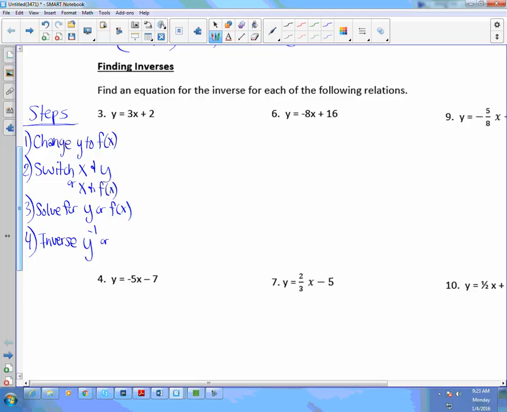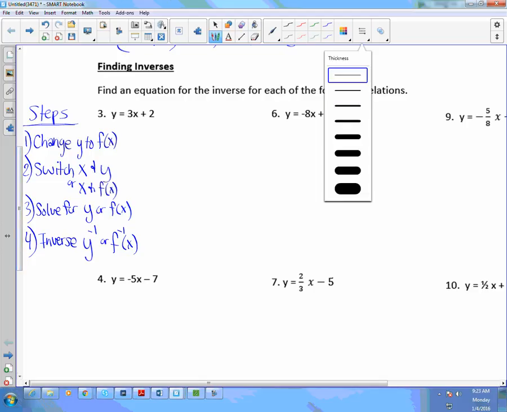So if it's in the form of y, it'd be y to the -1. In function notation, it would be f to the -1 of x. So, those are all the steps. Now let's do number 3, and they're pretty straightforward.